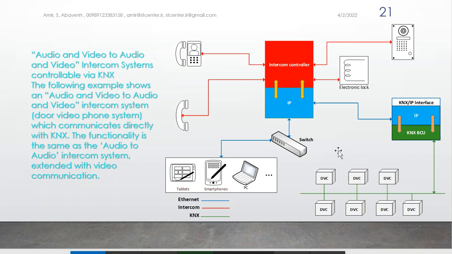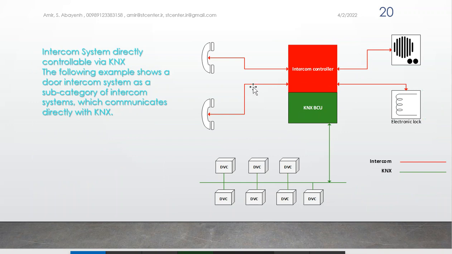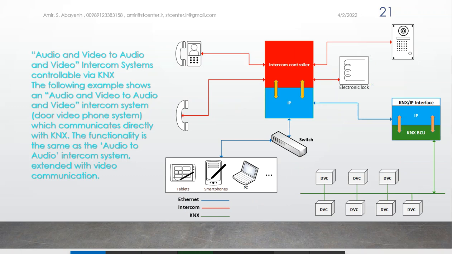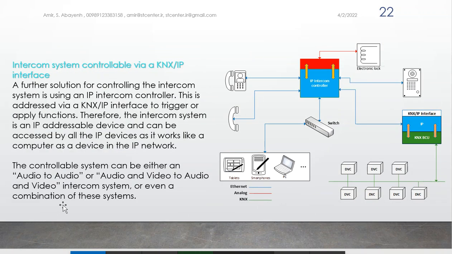Or perform some scenario. Because the bandwidth of the KNX is limited, the sound and the video are always transmitted on the IP side. Here also in the previous one, the sound is transmitted on the 2 wires of the analog system. Remember that. Okay.